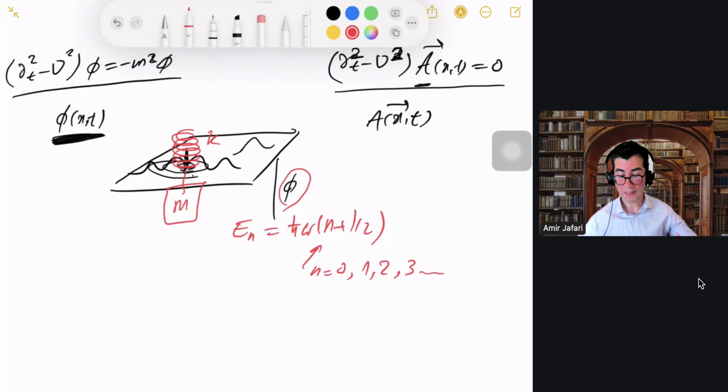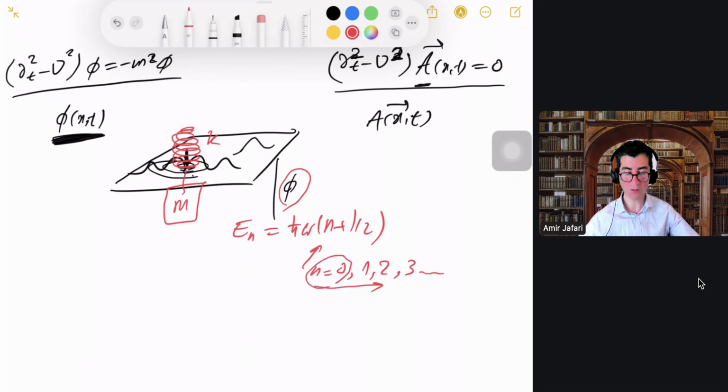As you increase the energy, if you drop the pebble forcefully, it means that you are exciting this simple harmonic oscillator to even higher energies. So n increases.